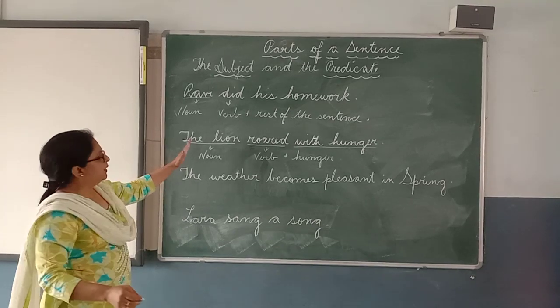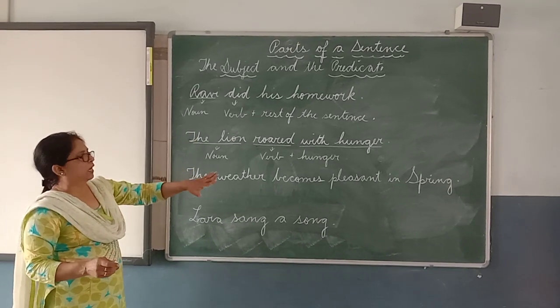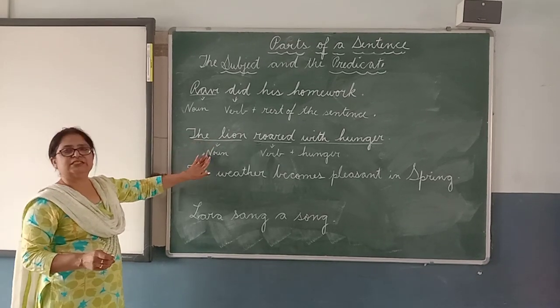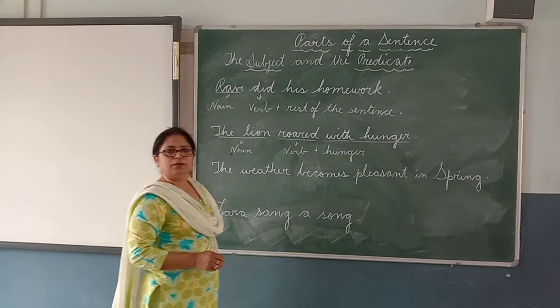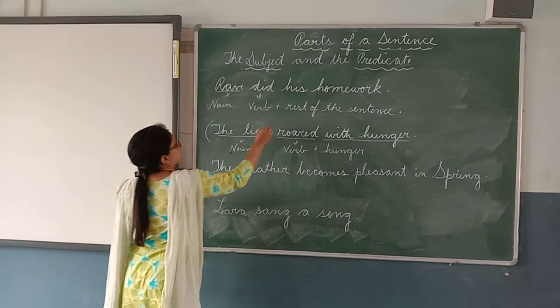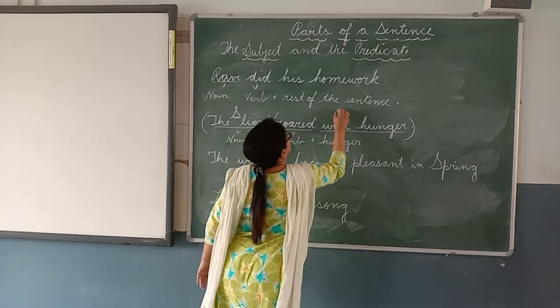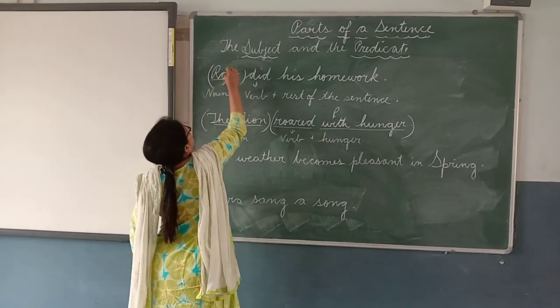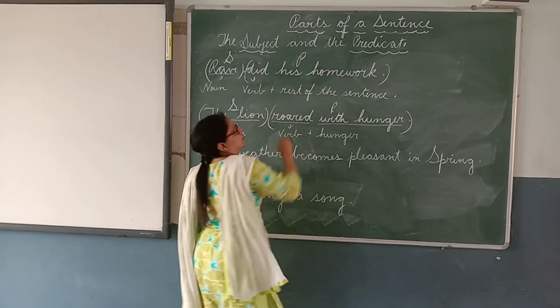So the lion is the doer of the action, that is lion roared with hunger. So the lion is the subject. Roared with hunger is the predicate. So this is the subject and this is the predicate here.